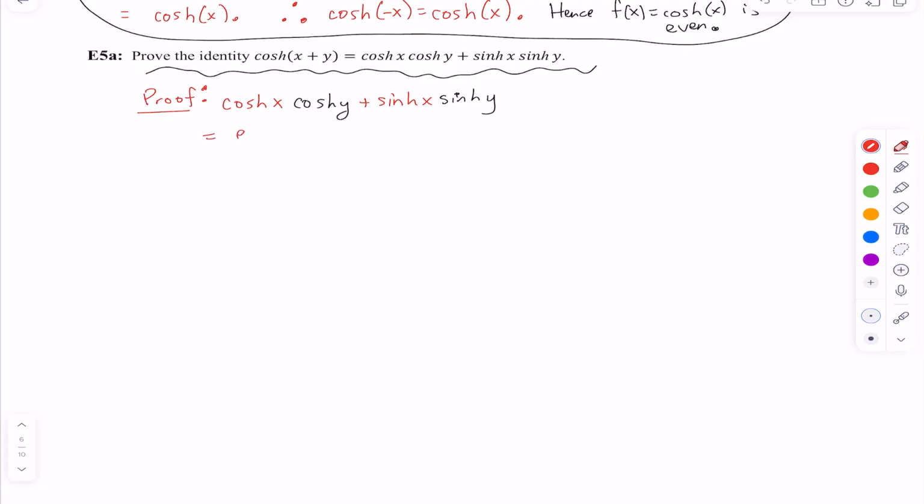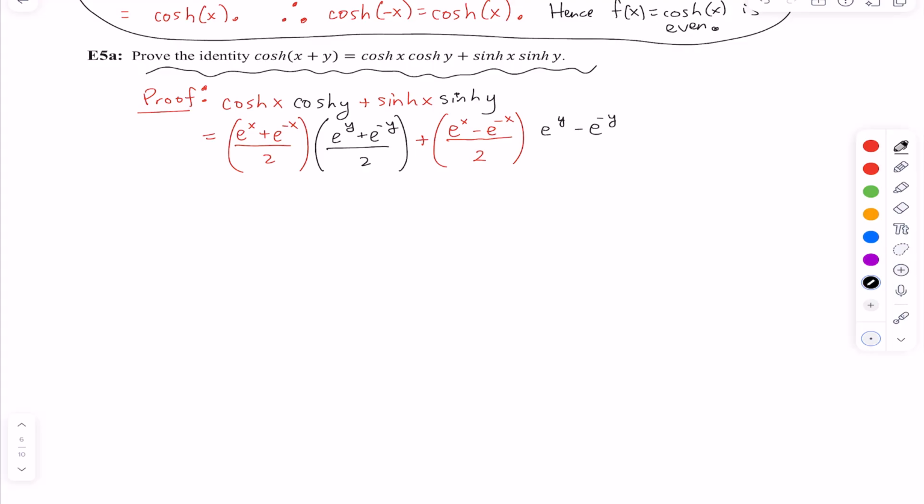Now we use the definitions and substitute. Notice this has nothing to do with angles, has everything to do with exponential functions. We're going to go ahead and multiply the numerators and see what happens.